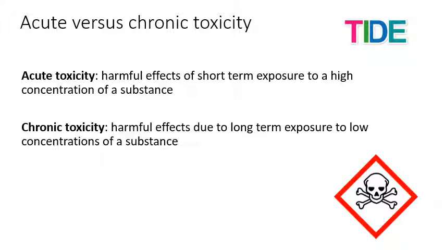So acute toxicity, and this refers to harmful effects on health due to short-term exposure to a large amount of a toxic substance. And the symptoms of metal toxicity following this short-term exposure are going to be quite quickly apparent.